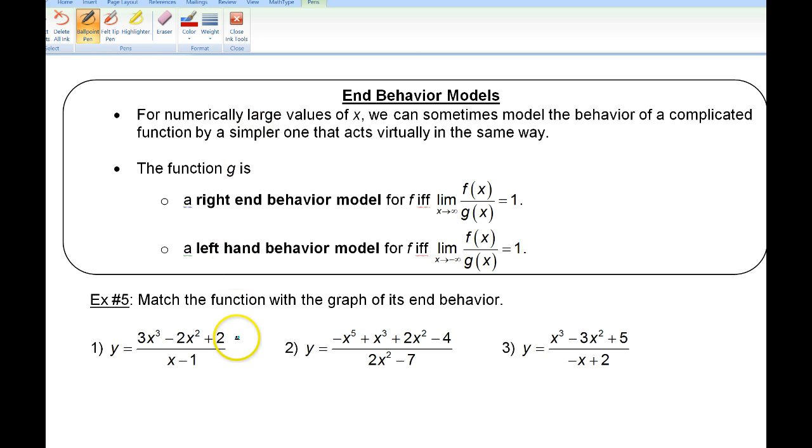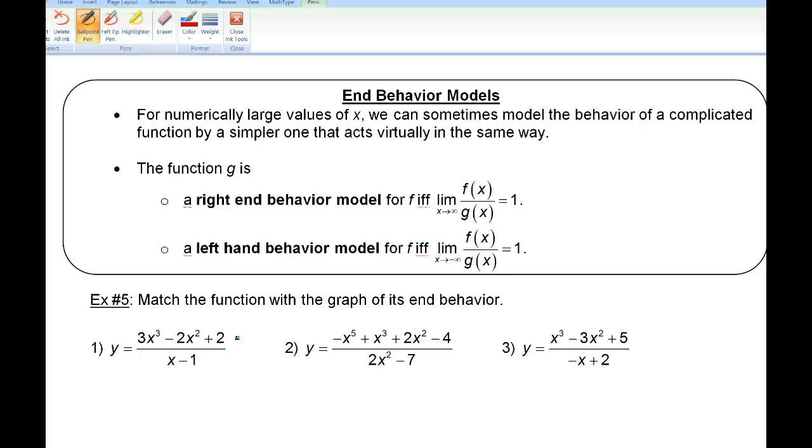Okay, so end behavior models. End behavior models are very similar to what we did with the horizontal asymptotes. We're just going to look at the biggest term of the numerator and the biggest term of the denominator and simplify it.